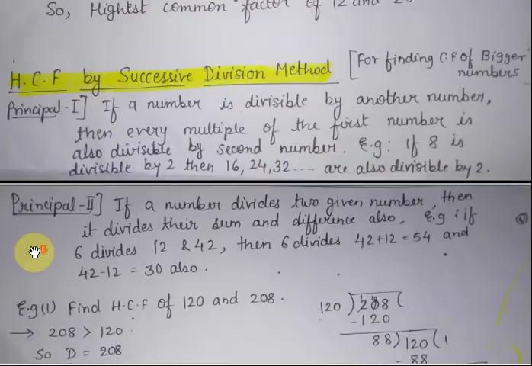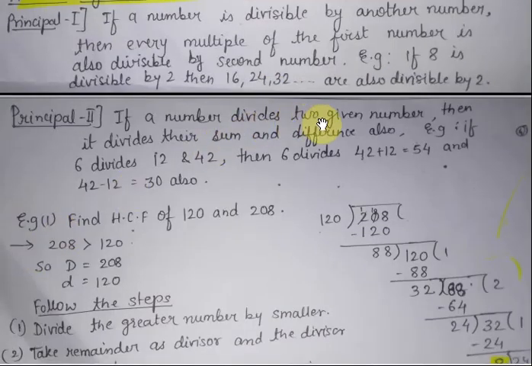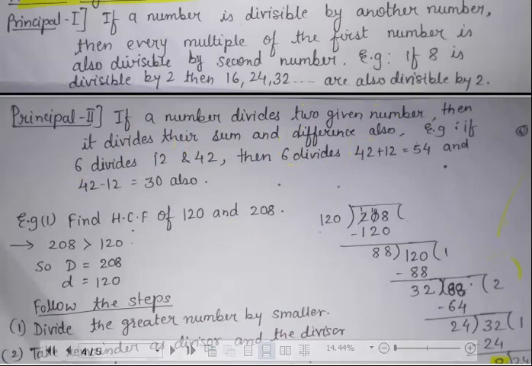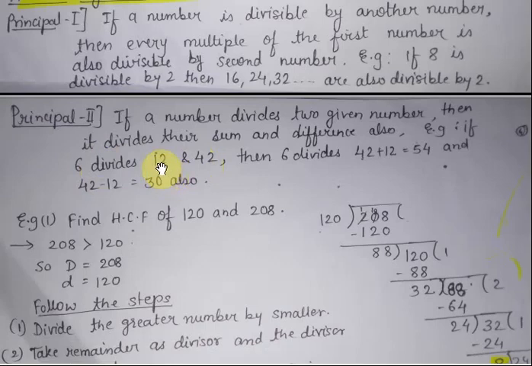And the second principle says that if a number divides two given numbers, then it divides their sum and difference also. Suppose we take two numbers, 12 and 42, and 6 divides both completely.